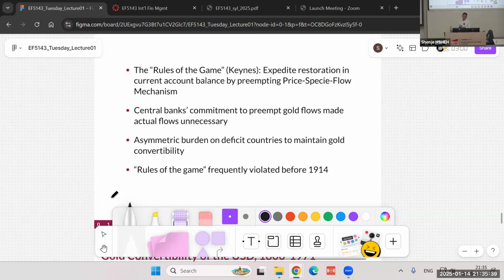And many economists, such as John Maynard Keynes, famous economist, think that more can be done to improve predictability of price levels. And what he suggests is that rather than actually moving gold around, why don't countries just simulate inflation and deflation through changing money supply, right?